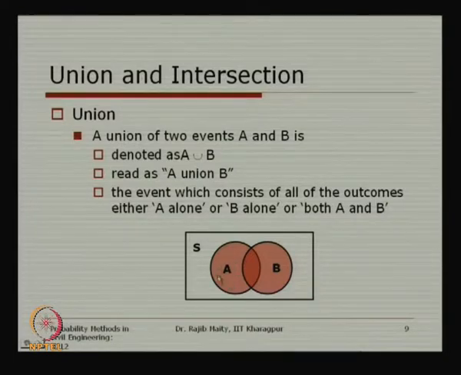This area belongs to A only, this area belongs to B only, and the area in between belongs to both A and B. So A union B is this area highlighted in red, which in total is known as A union B.